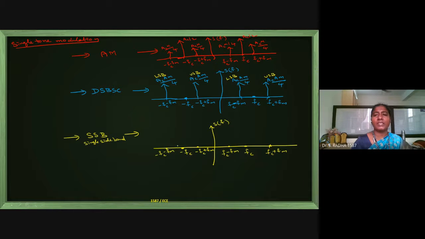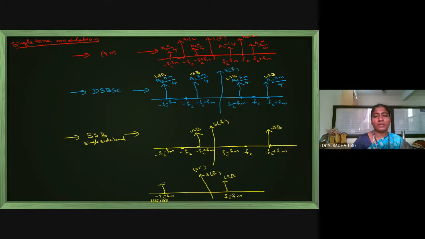We can have either upper sideband or lower sideband. I will take the upper sideband, or in the same diagram, the lower sideband. We will have a pillar at Fc minus Fm, the lower sideband pillar, or at minus Fc minus Fm.